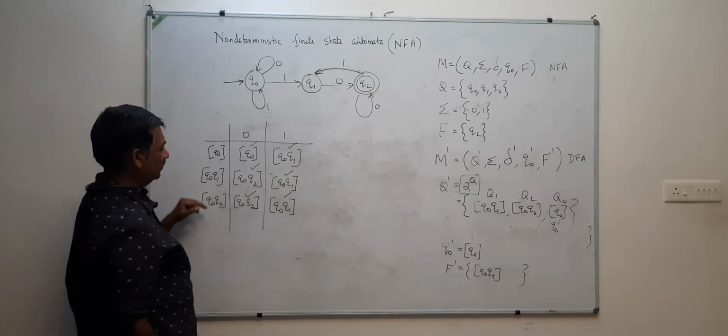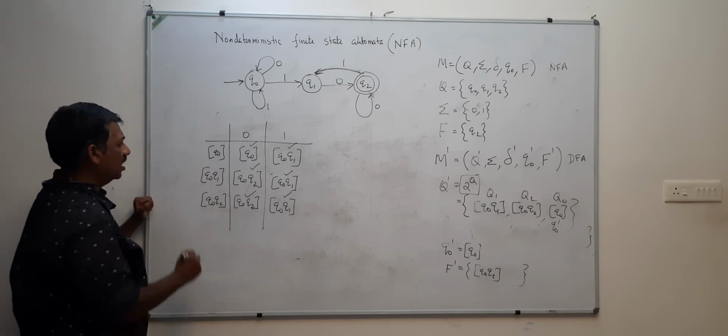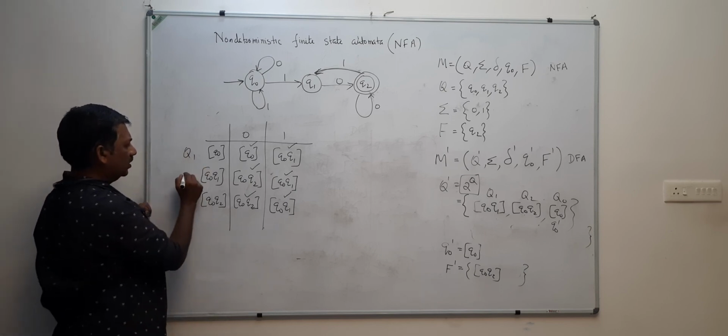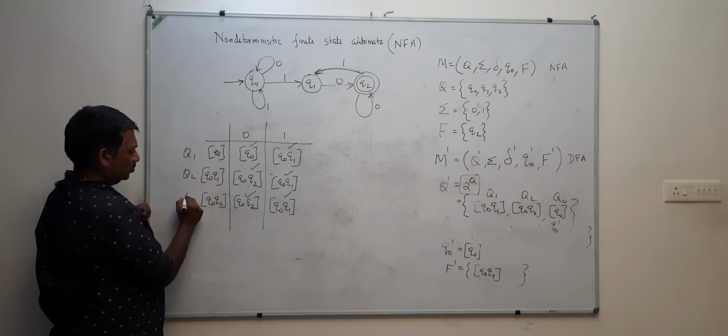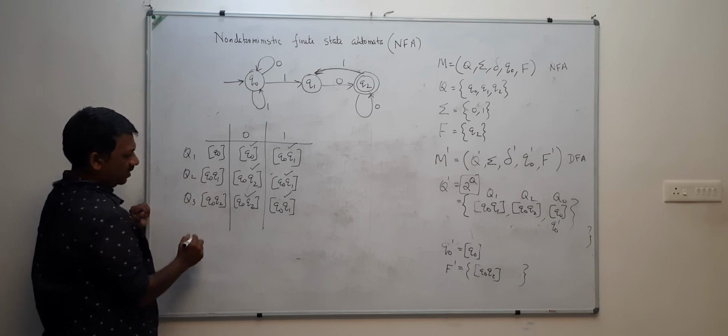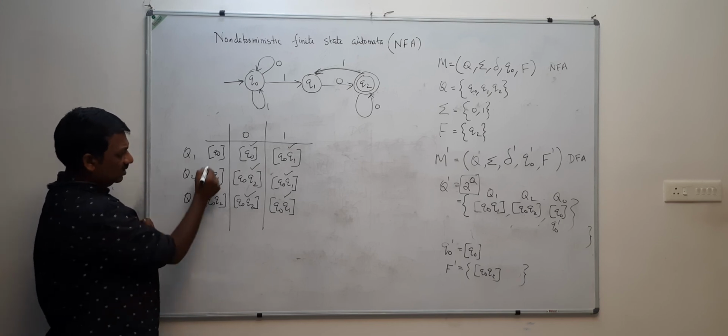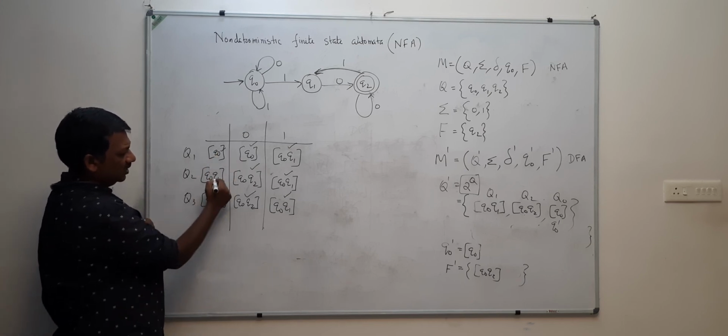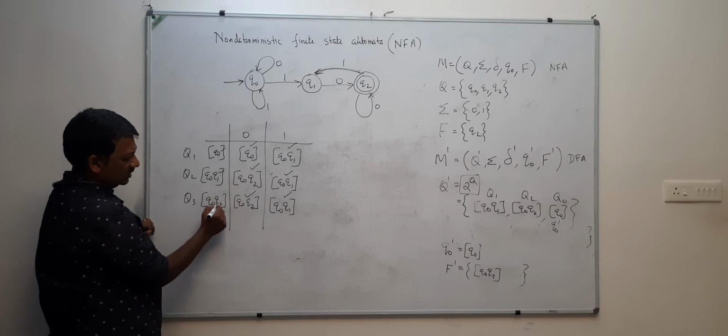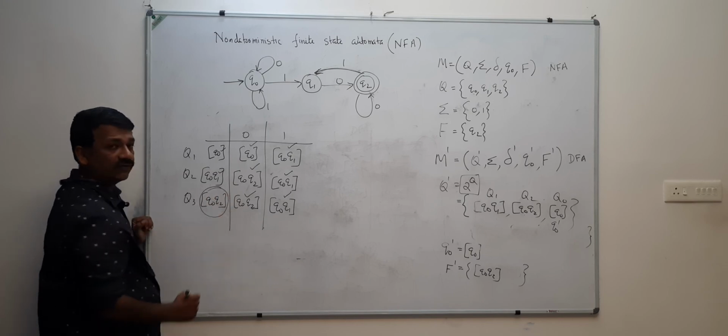That means we have three states. I am going to redefine these as q1, q2 and q3, and here the final state is the one containing q2. That means here we don't have any q2, and this one has q2, so make this the final state.